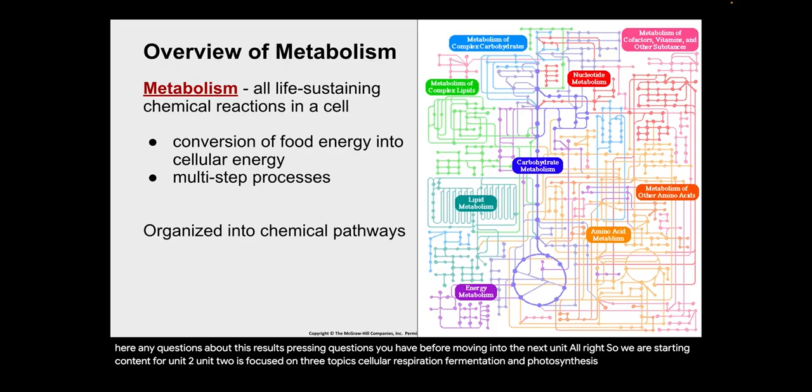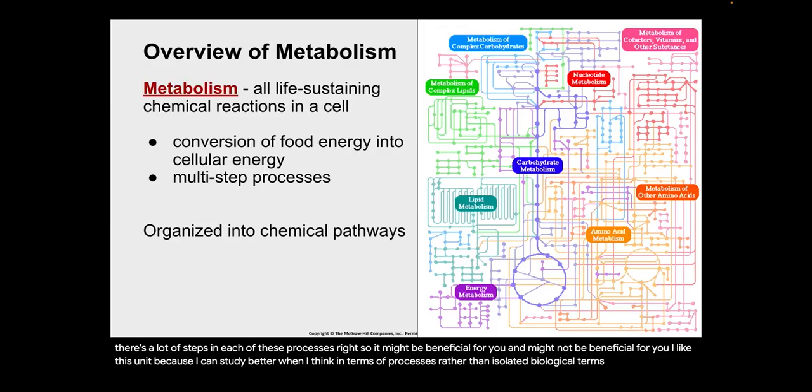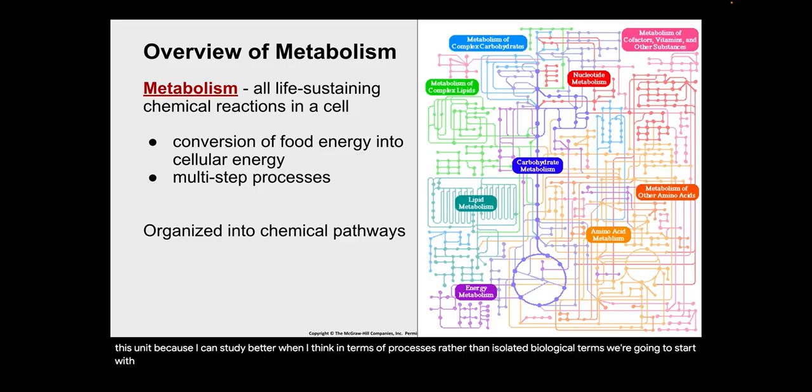It's only 3 topics, but there are a lot of steps in each of these processes. It might be beneficial for you, it might not. I like this unit because I can study better when I think in terms of processes rather than isolated biological terms. We're going to start with cellular respiration.